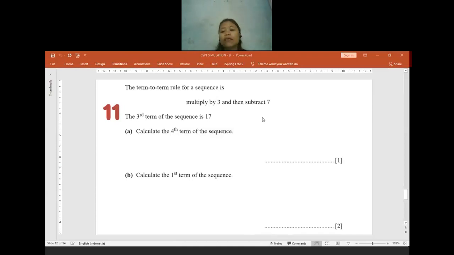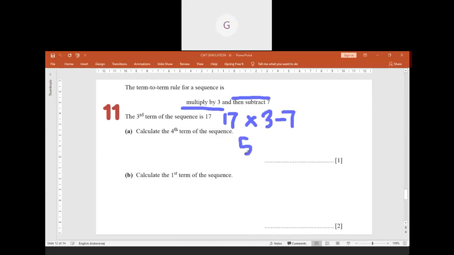The number 17, we multiply it by 3, after that subtract 7. 17 times 3 equals 51, and then 51 minus 7 equals 44, right?